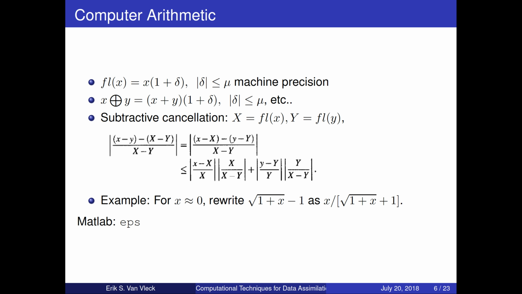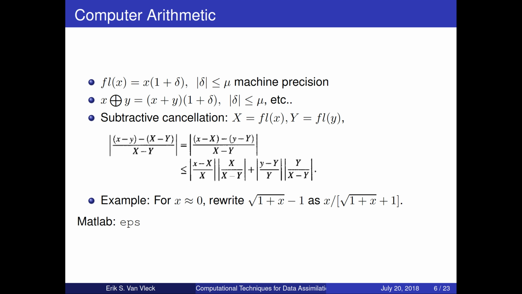And the basic problem is highlighted in this inequality on the slide, where the terms with x minus y in the denominator are the terms that amplify the error. The terms x minus x over x and y minus y over y, those are machine precision, but the other terms in the inequality, those amplify the machine precision.